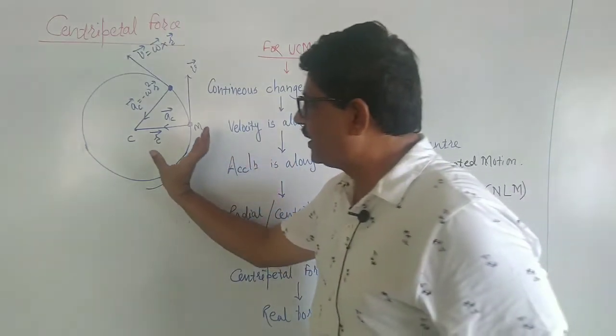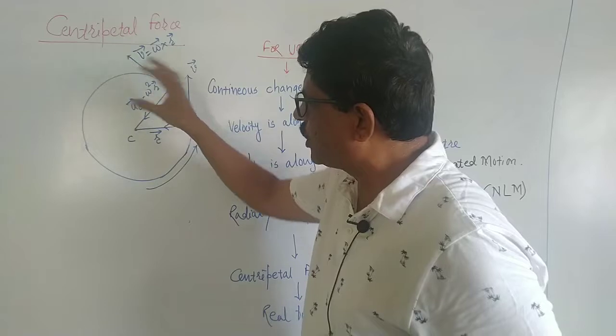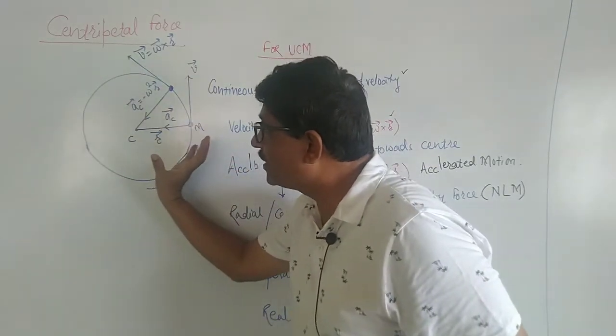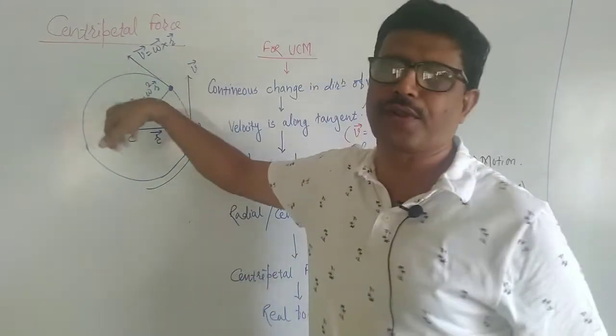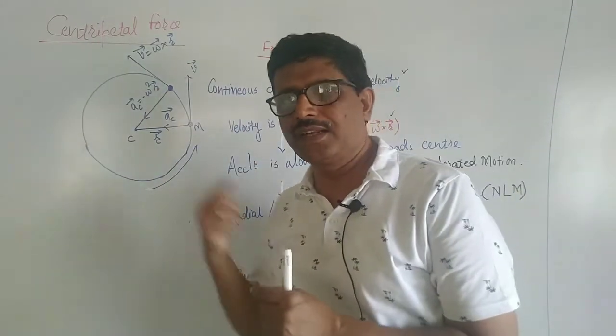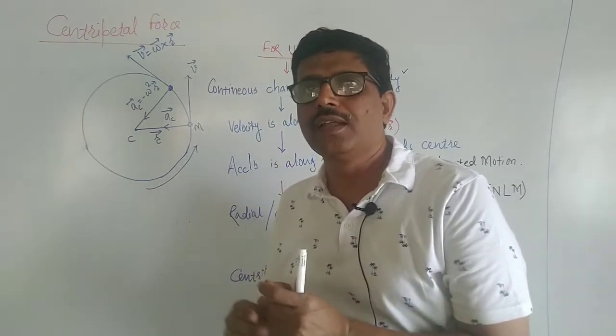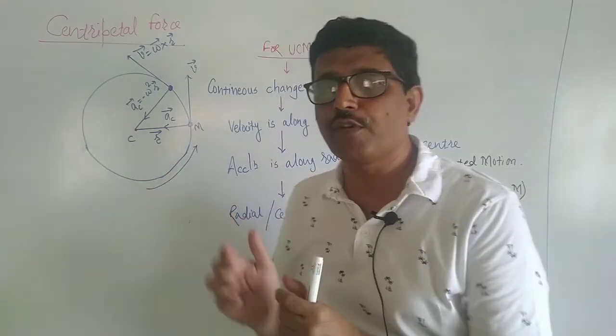The particle continuously changes the direction of velocity, therefore it has acceleration. Therefore, the motion of the particle is in an accelerated frame of reference. A particle in uniform circular motion is in an accelerated frame of reference, or a non-inertial frame of reference.